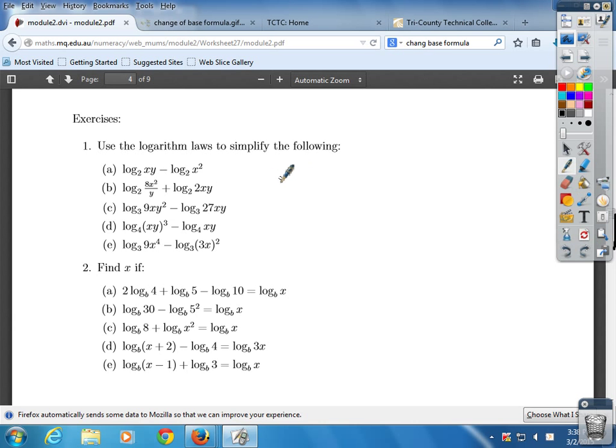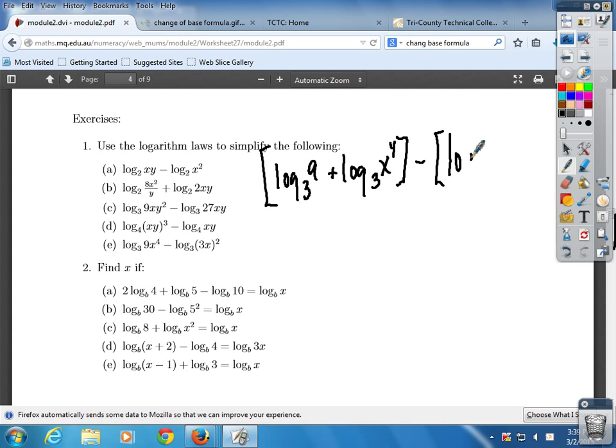I'll go ahead and start summing you off. Log base 3 of 9 plus log base 3 of x to the 4 minus log base 3, well, actually, you have to bring 2 out.